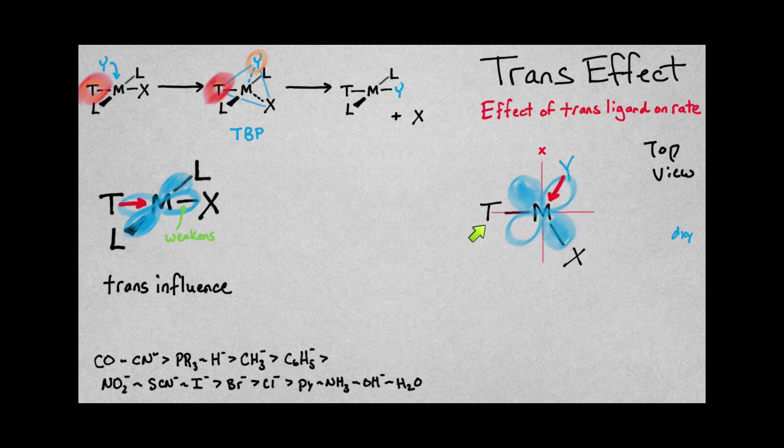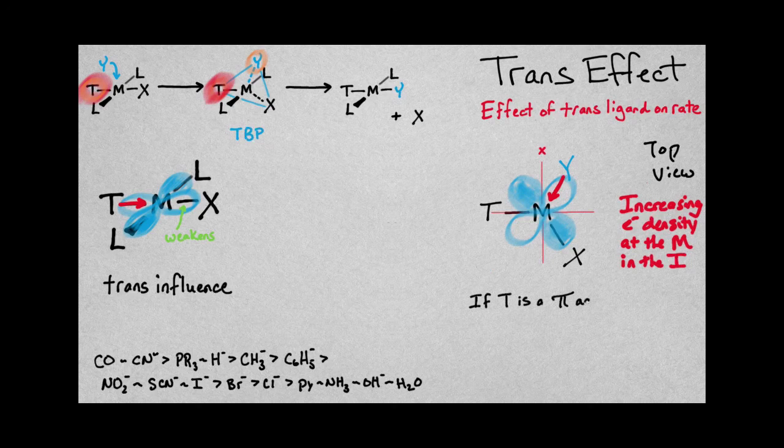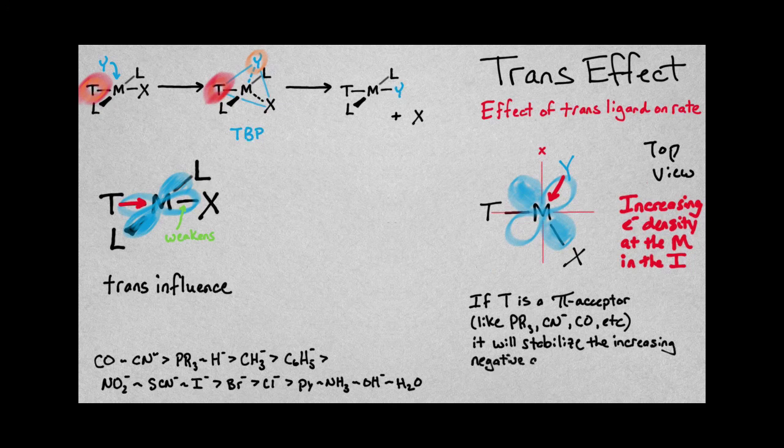Now, if my trans ligand here is a good pi acceptor, in the intermediate, if T, the trans ligand, is a pi acceptor, like a phosphine or cyanide or carbon monoxide, it can stabilize this increasing negative charge that's now being directed at our metal center, as we go from our reactant to our intermediate.